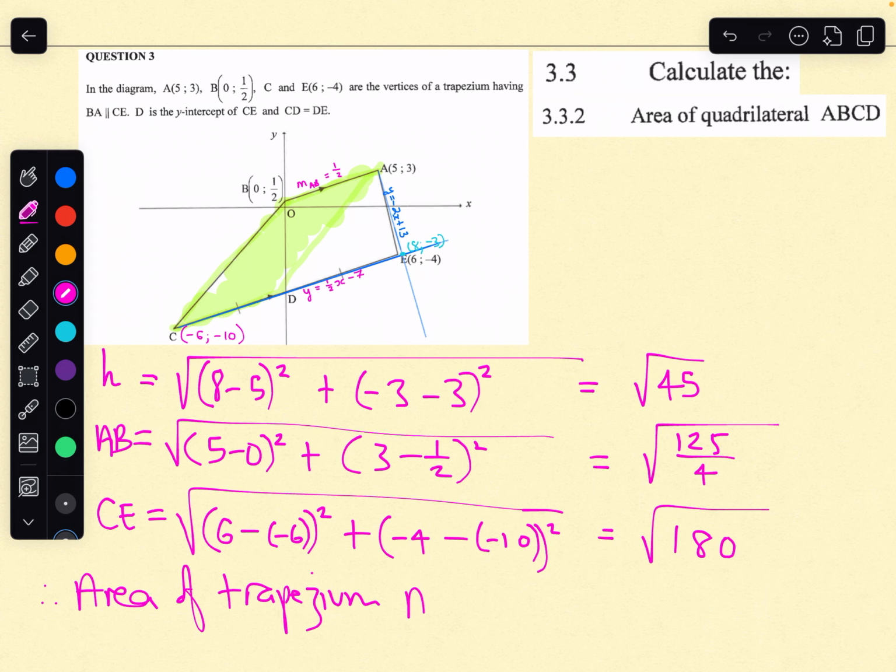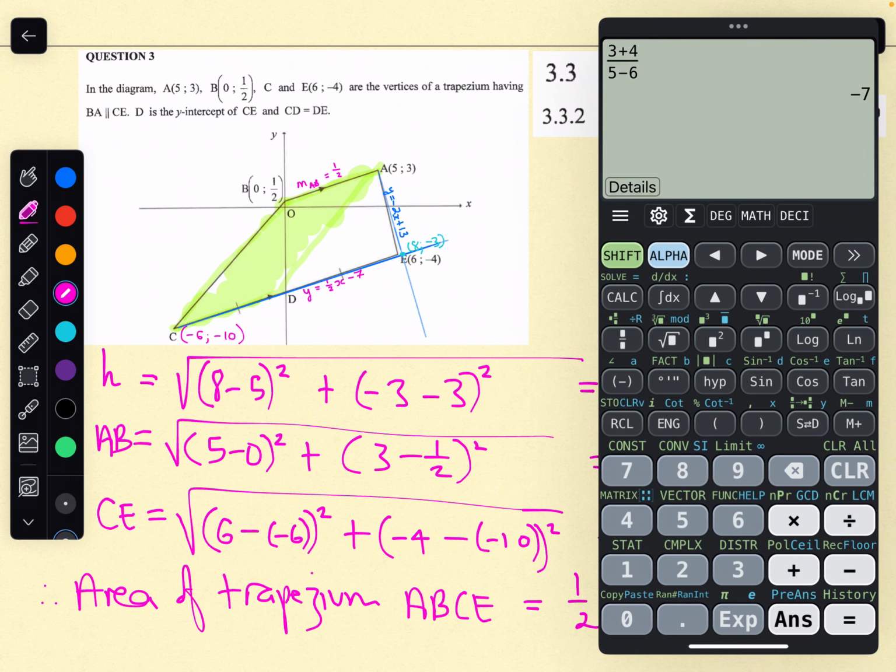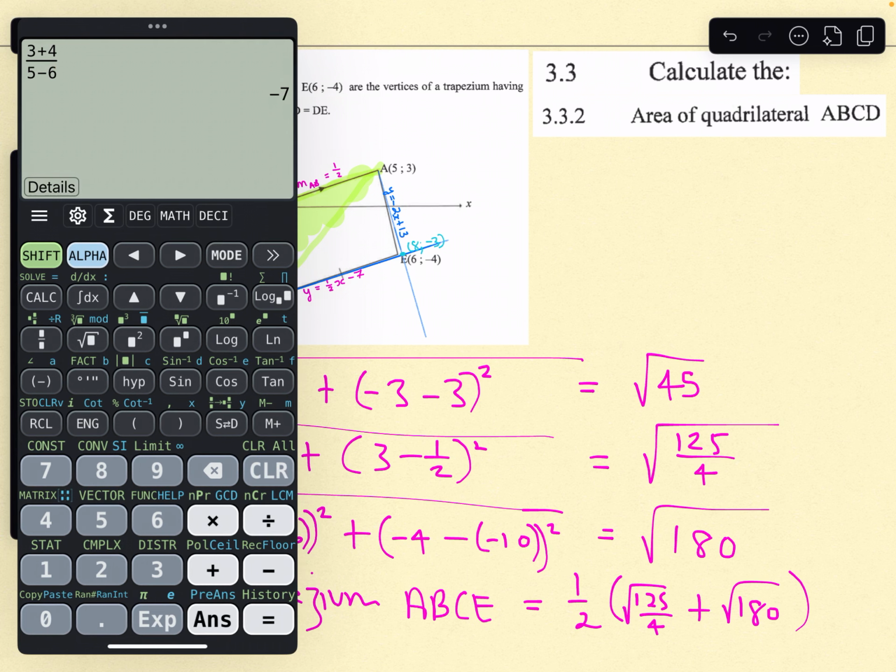The trapezium ABCE. So the area of a trapezium is half of the sum of the two parallel sides, their lengths. Yep, I'm not going to try and do that in my brains.